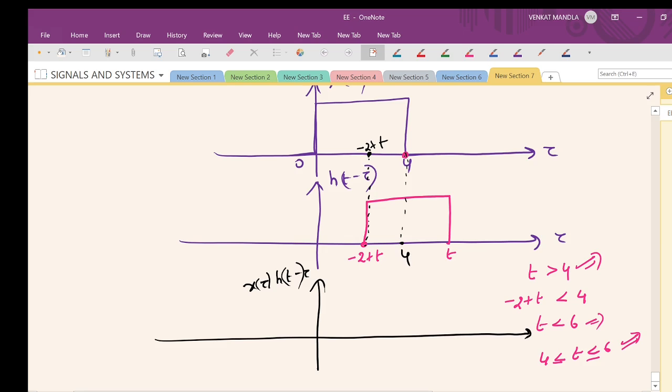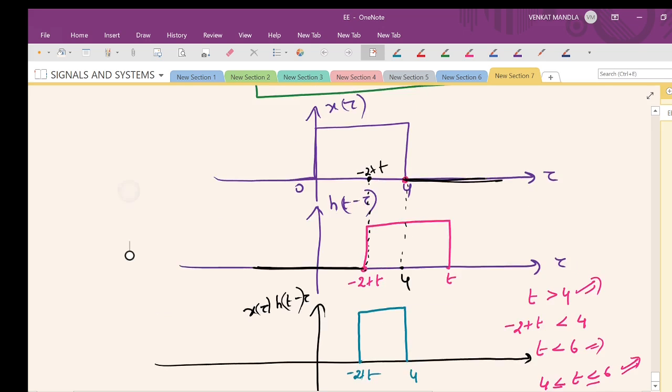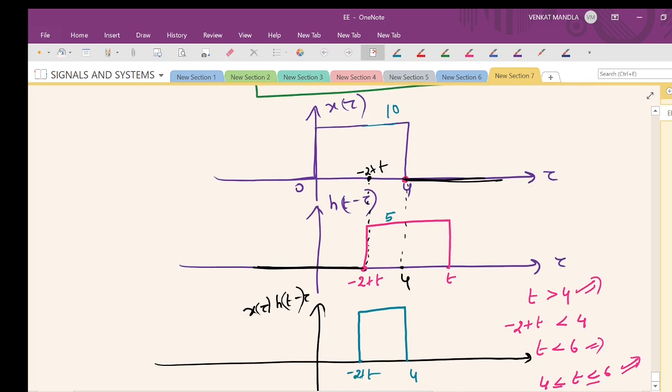For greater than 4 it is 0, and for less than minus 2 plus t it is 0, and 0 multiplied by anything is 0. So you only get minus 2 plus t to 4, right? For the values, this is 10, this is 5, you get 50.